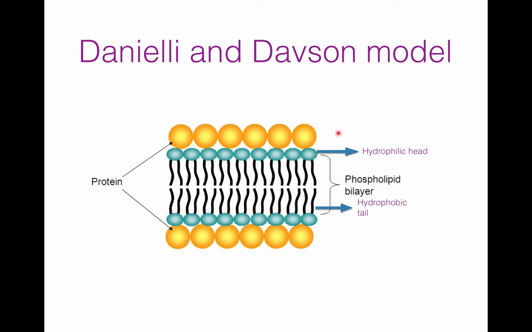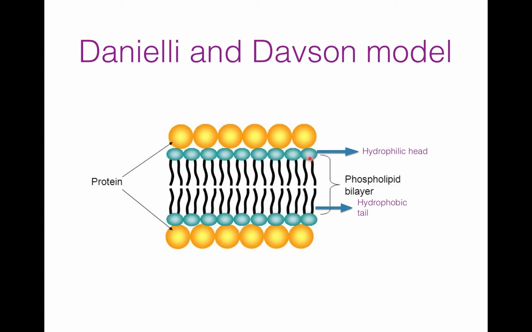So, protein, lipid, and protein. Protein molecules are globular, that is alpha protein, and they provide stability to the plasma membrane. Now, the phospholipid bilayer. In this phospholipid bilayer, there are phospholipid molecules.